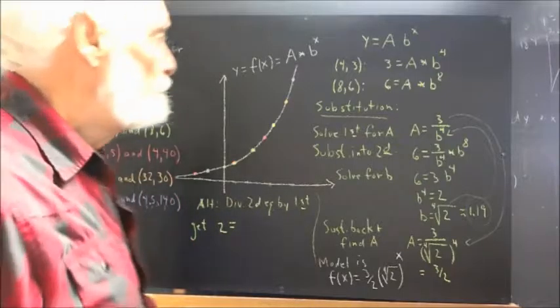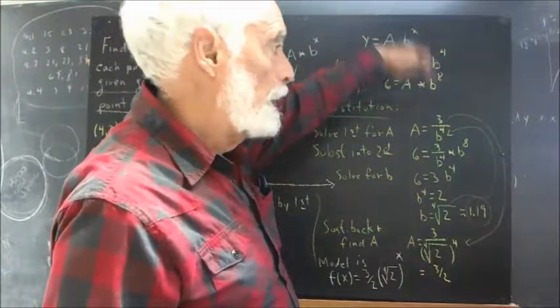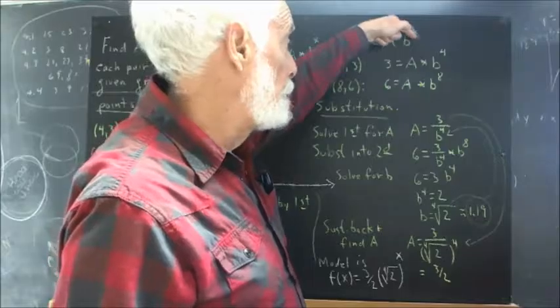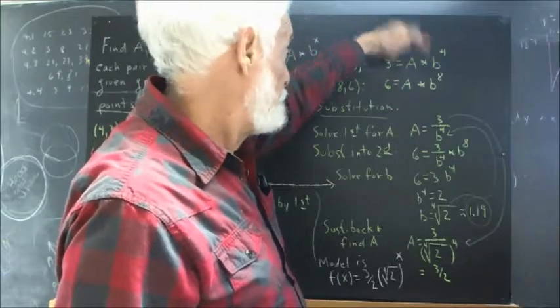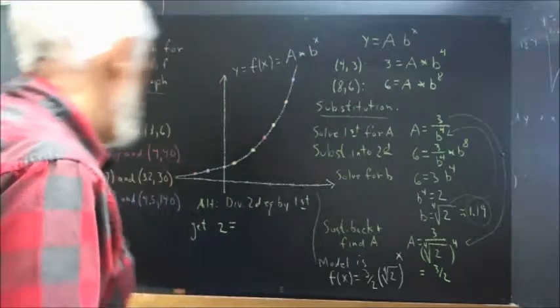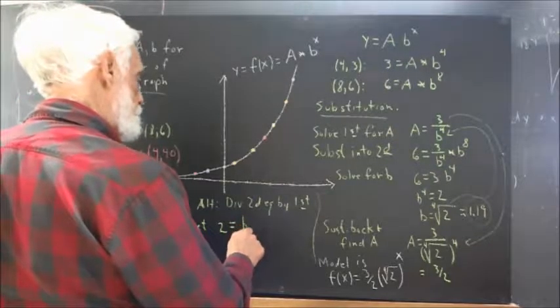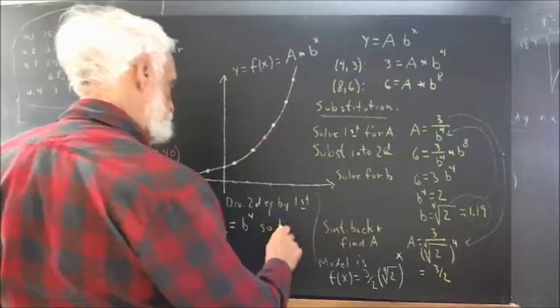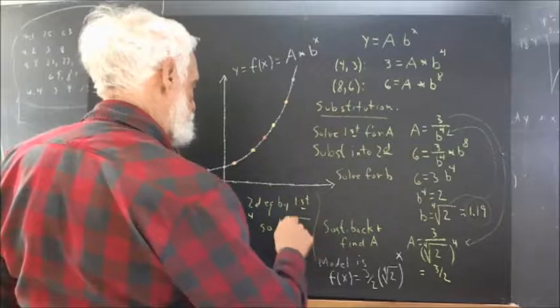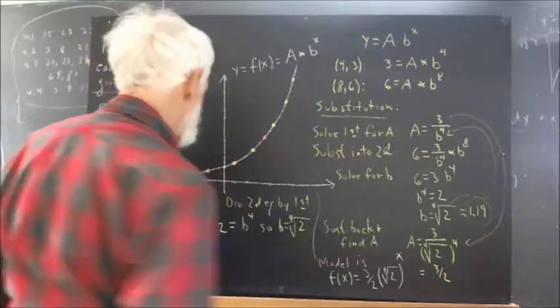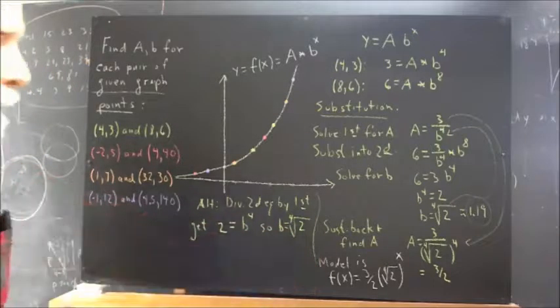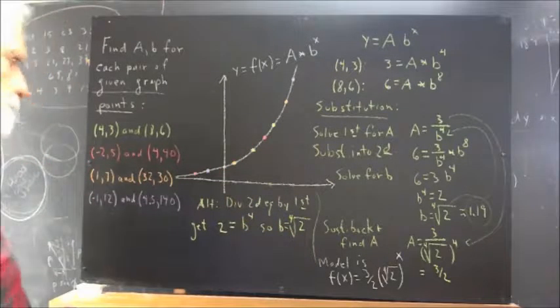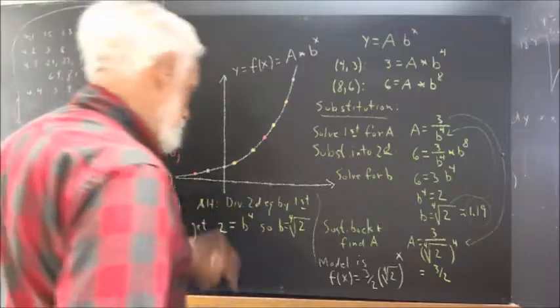And then what? Well, A times b to the 8th divided by A times b to the 4th. The A's divide out, and we have b to the 8th over b to the 4th, and we see that equals b to the 4th. So b has to equal the fourth root of 2. This is a little quicker and more efficient than what I did here. Not all that much, but it's helpful.